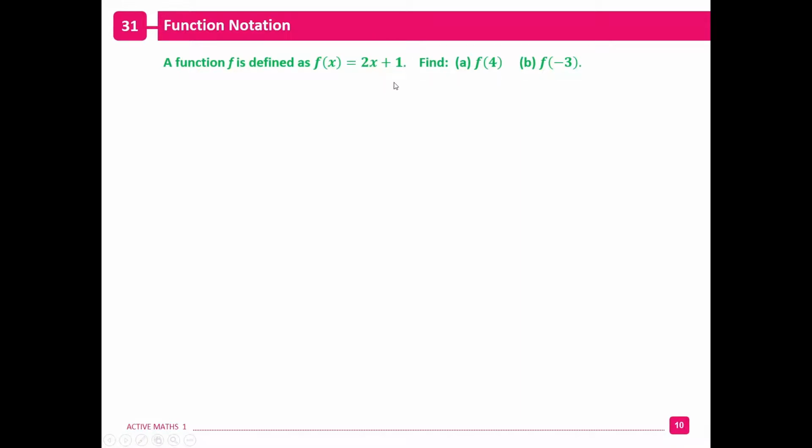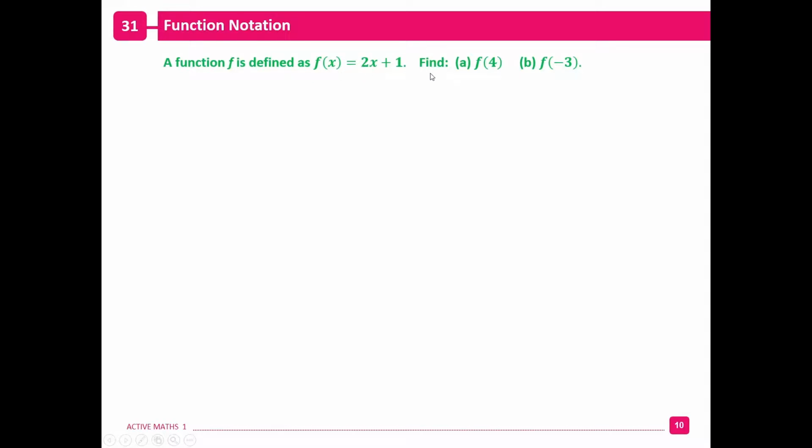And the rule for the function is that we must multiply our input by 2. So 2x means 2 lots of x. And x is our input. So 2 times the input, and then we must add 1 to it to get our output.